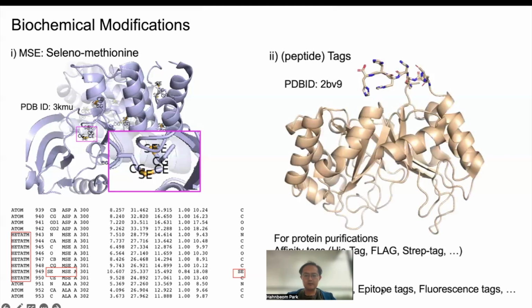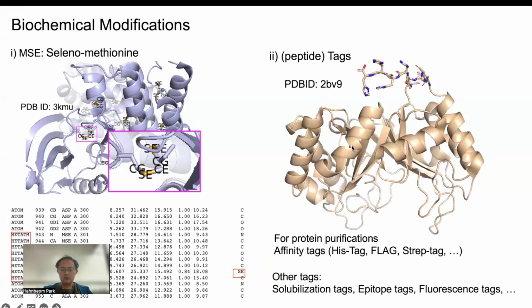The second modification is peptide tags. The first part of protein structure determination is protein purification. You have to collect as many proteins as possible, and by adding these tags, you get help collecting more and more purified proteins.